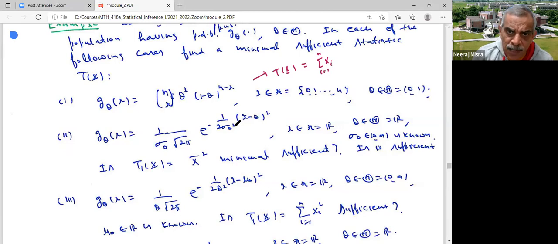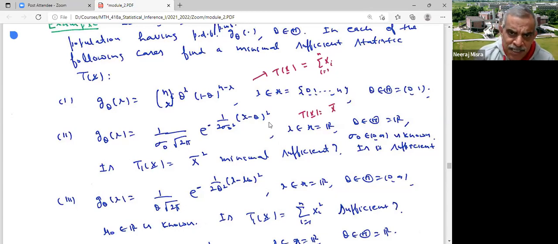So summation x_i squared by sigma naught squared gets consumed in h(x). Minus 2 theta would come, so x bar would be sufficient. So f_theta(x) by f_theta(y) would be independent of theta if and only if x bar is the same as y bar, or summation x_i is the same as summation y_i. So x bar is minimal sufficient in this case, or summation x_i is also minimal sufficient.